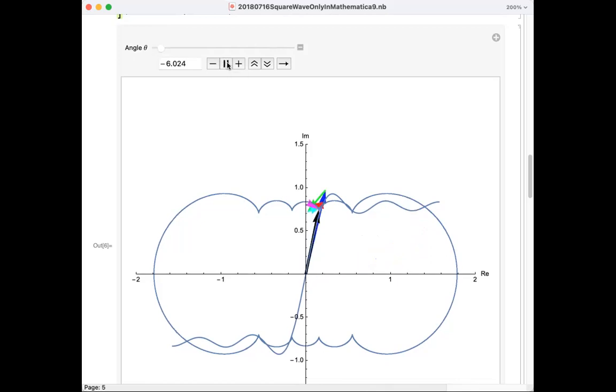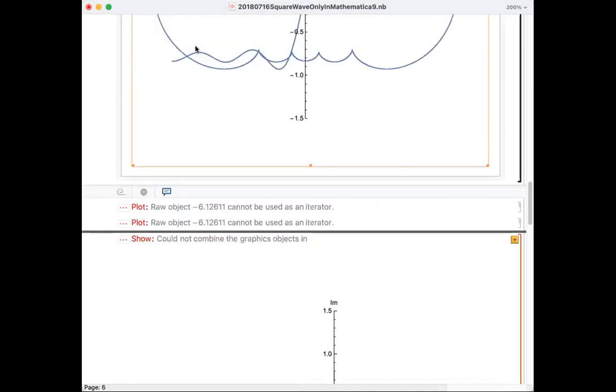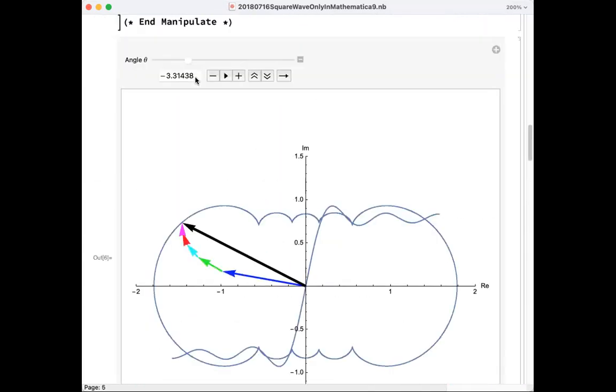Oh yeah, it goes too fast. Anyway, it's just catching it at different parts. Let's pause it. Let's try moving it with this one. Oh, it's starting to mess up.